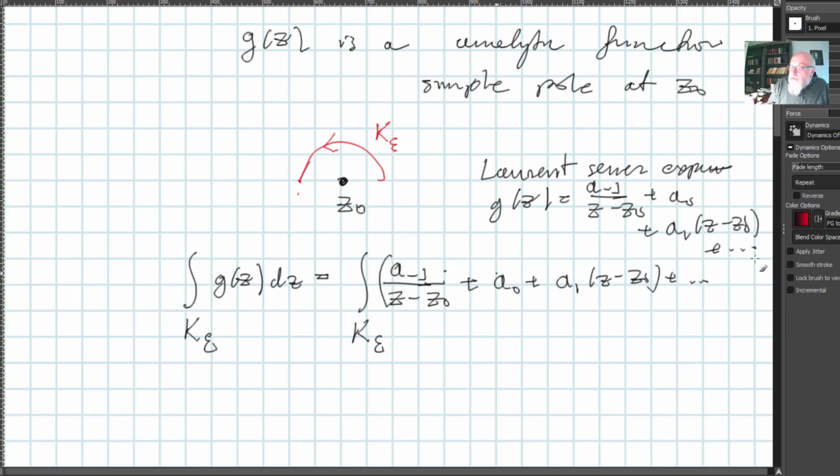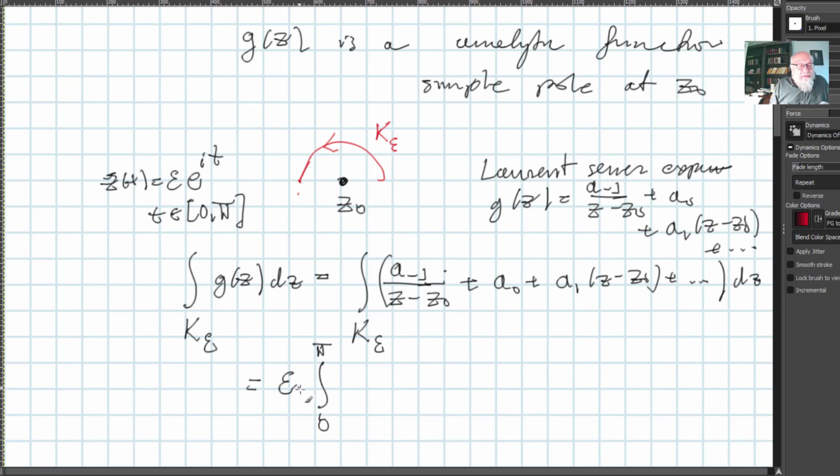I know how to compute it, and that one is easy because I can choose the parameterization z of t equals z0 plus epsilon e to the it, t belongs to 0 to pi. So I can rewrite it: epsilon goes out, and the integral is from 0 to pi.